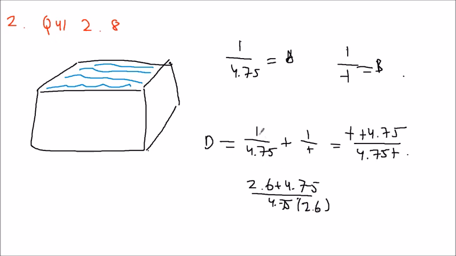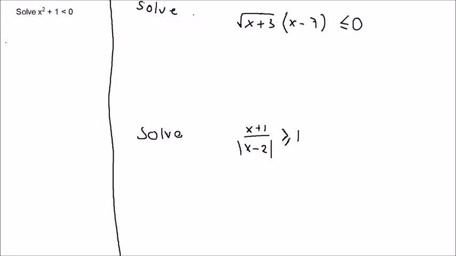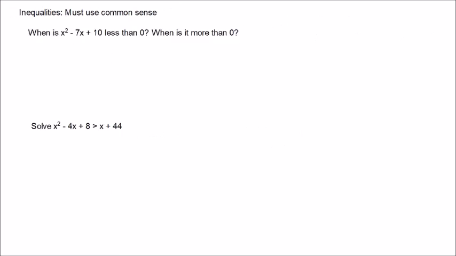You subtract from 1.475, and that will give you 1 over t. So t is just, you flip this: a equals 1 over t, t equals 1 over a, and that's the answer. But I'm not going to calculate it because it will take too much time. This review is already taking too much time, so there you go.